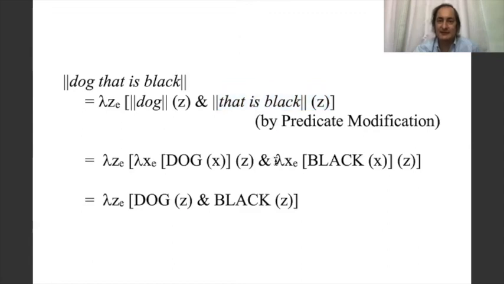Its translation is here. It applies to z by taking z and substituting for x, and we get black of z. Those were all done inside of these outer brackets, lambda z E with those brackets, and so we keep that part unchanged here as well. And we have a new one-place predicate.